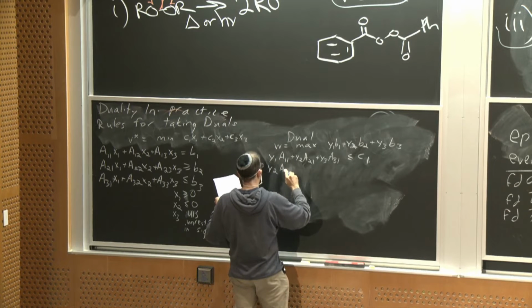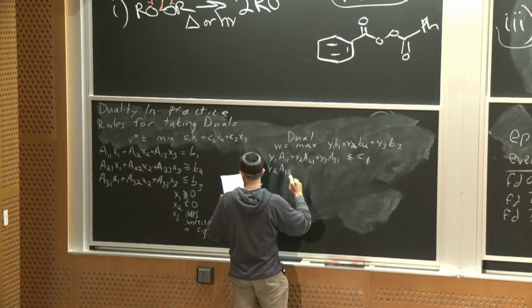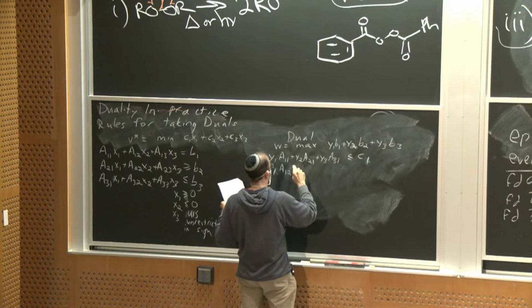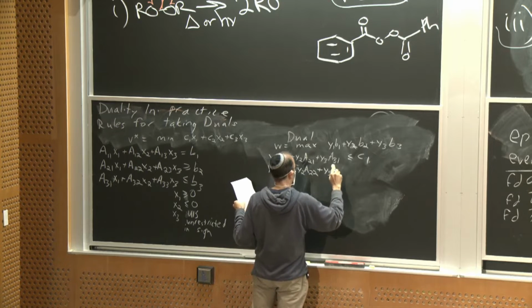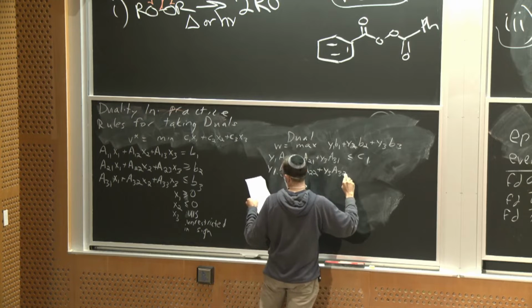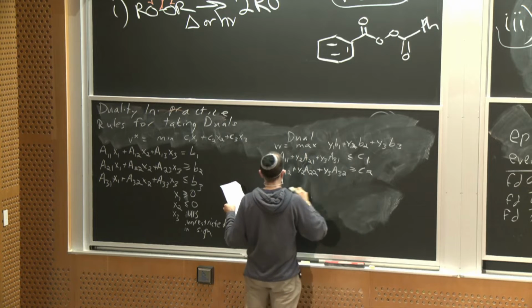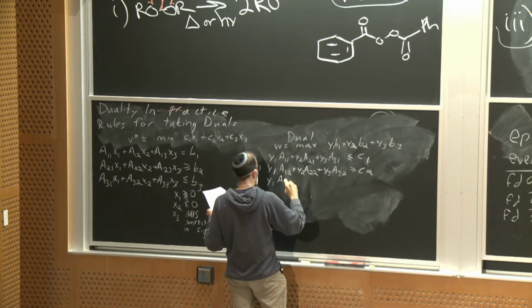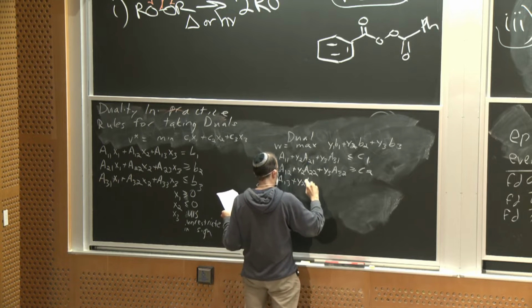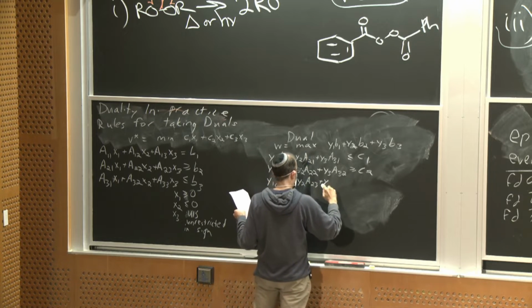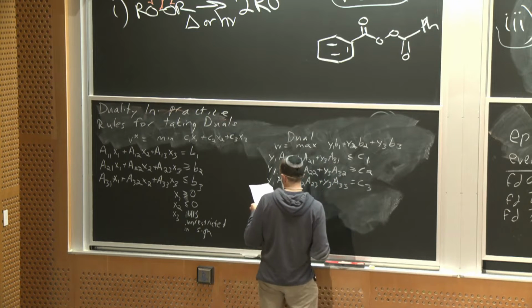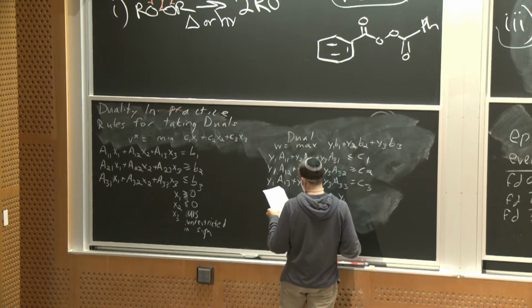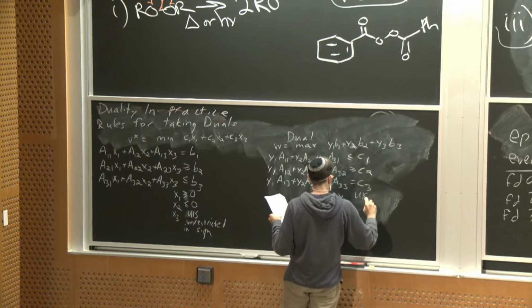We have y1 a12 plus y2 a22 plus y3 a32 greater than or equal to C2, and again, just like on the primal side, we have some variables that are unrestricted.